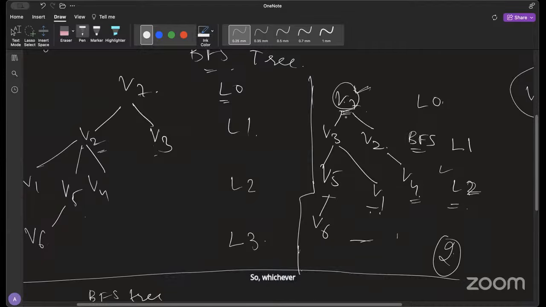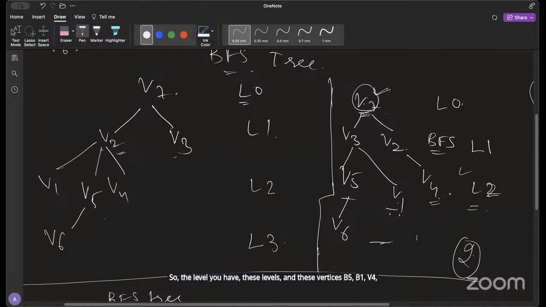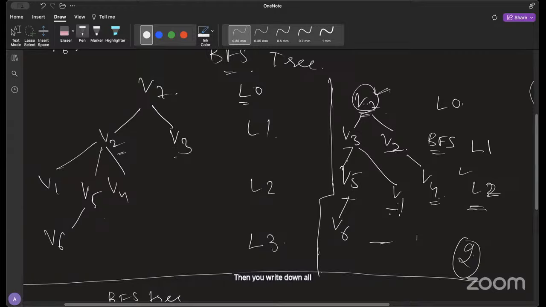Whichever vertex you choose first, it doesn't matter. What we're doing here is we're exploring breadth first, right? You have these levels, and these vertices V5, V1, V4 will always be on level 2 only. No matter what path you choose, V2 first or V3 first, because this is about the shortest path. First you write down all the vertices directly connected to V7. Then you write down all the vertices directly connected to V3 and V2, right?